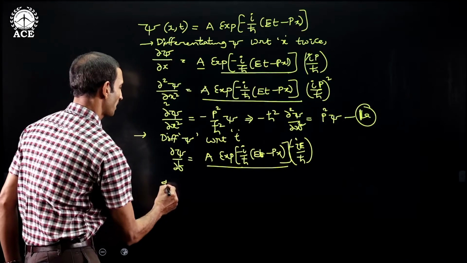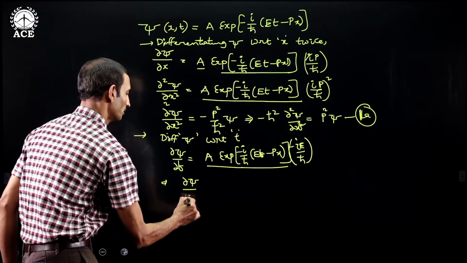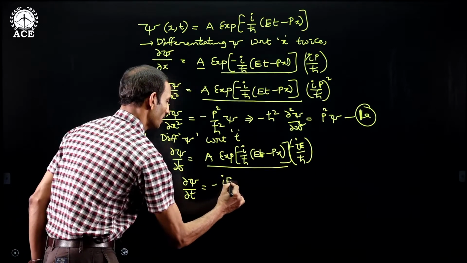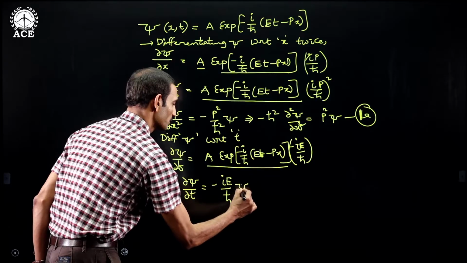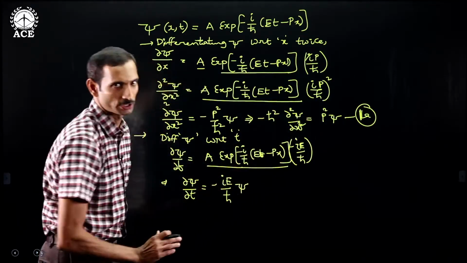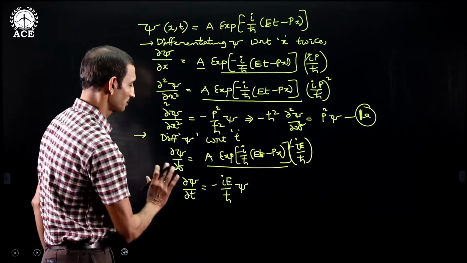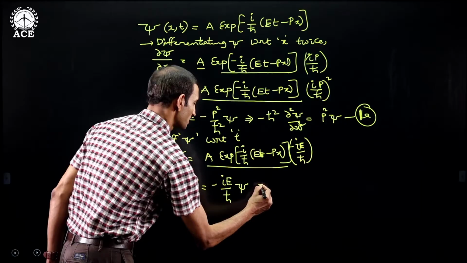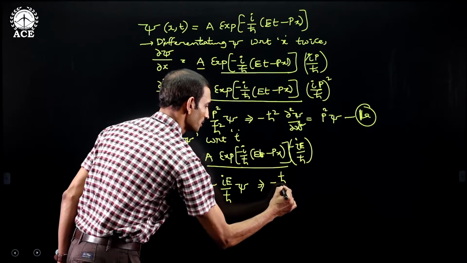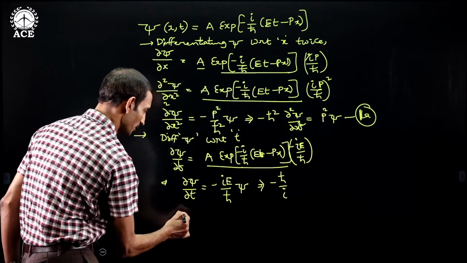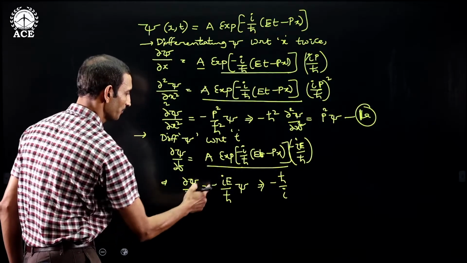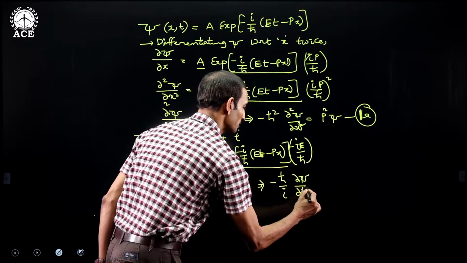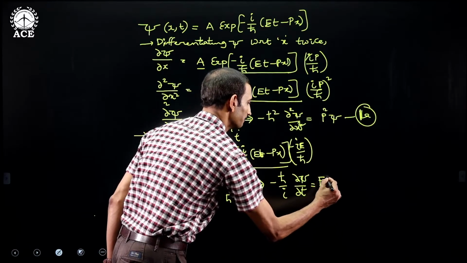Now from this I can write dou psi by dou t is equal to minus iE by h cross into psi, because this is psi. So you can write psi that side. Generally psi won't be written this side, so for convenience I am writing that side. That implies minus h cross by i, that means I have taken this i by h cross this side, h cross by i, minus also, minus h cross by i dou psi by dou t is equal to E psi.